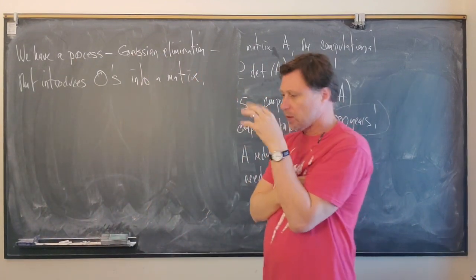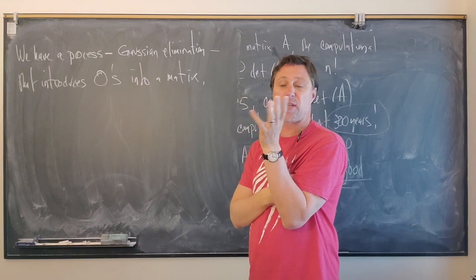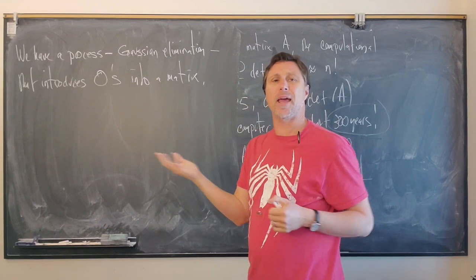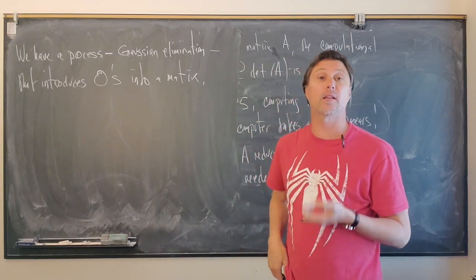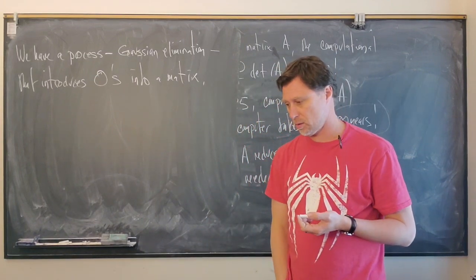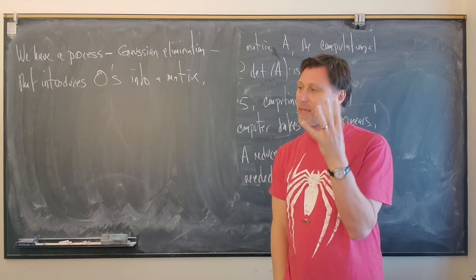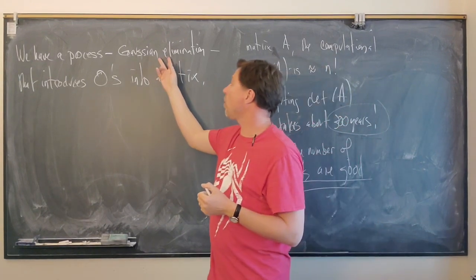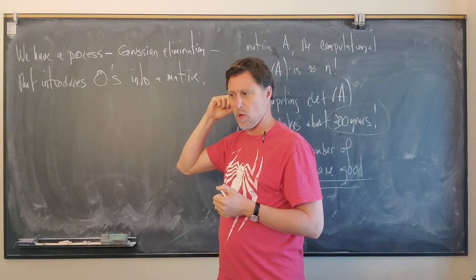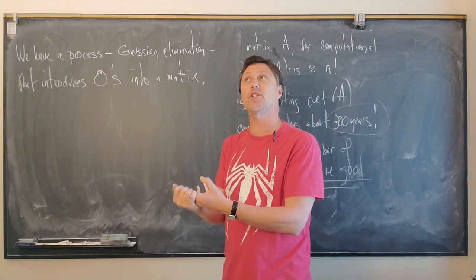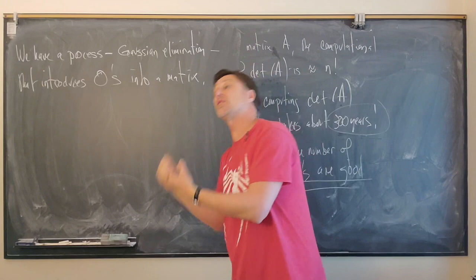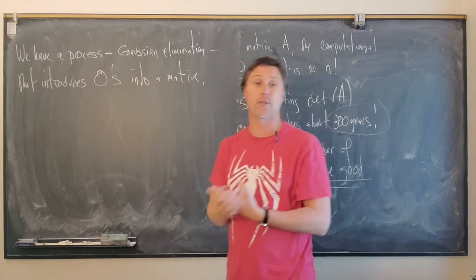So the question then, and this is what we're going to do. Let's start off with our matrix. Maybe it's a huge matrix, maybe it's not, but it doesn't have a whole lot of zeros. And we notice that to compute the determinant, it's going to take lots and lots of computations. If we take that matrix and perform some row operations, we can introduce a whole bunch of zeros, and that will make the computation of the determinant of the resulting matrix much, much easier.